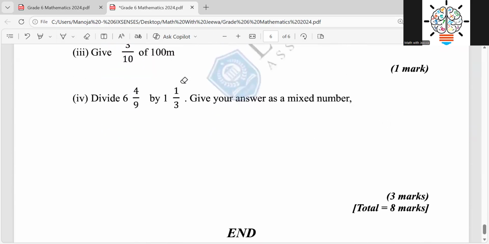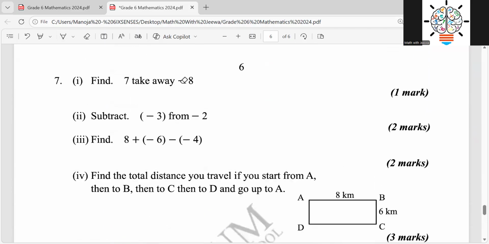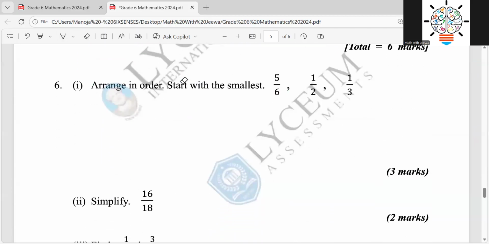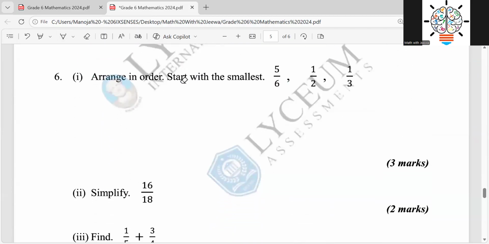So then we have two more questions. Question number 6, you want to arrange the given fractions in order, right? So you can see, children, by any chance, let's say you have 2/7 and 6/7 and 4/7, something like this.